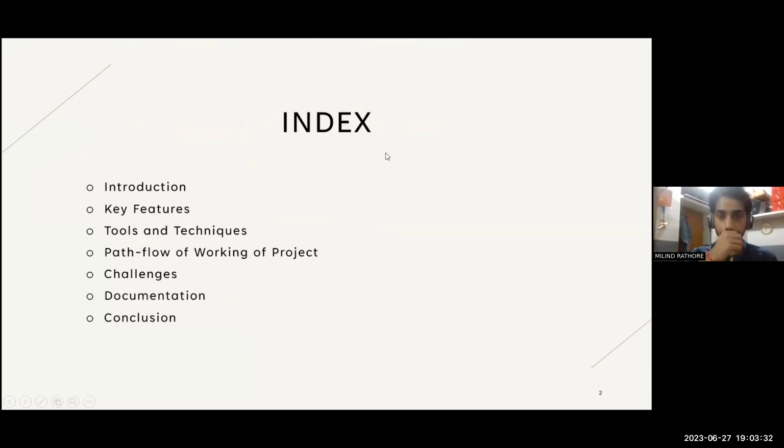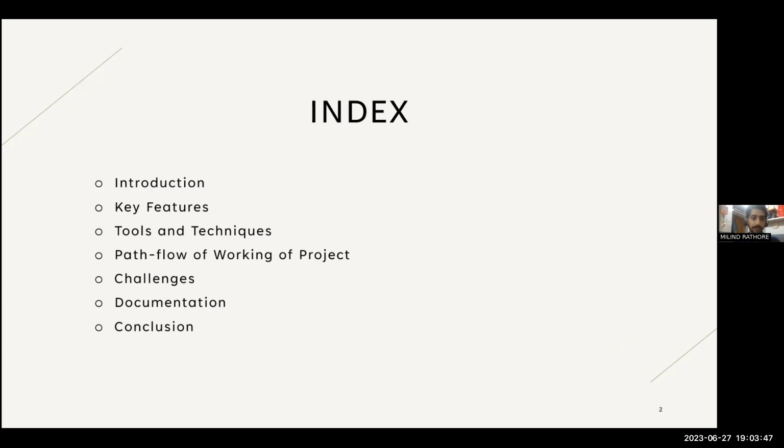First we will check out the introduction of our project, then the key features included in our project, then the tools and techniques of our web application, and then the path forward for the project. Then we see the challenges we faced in making the project and its documentation, and finally, the conclusion of our project.